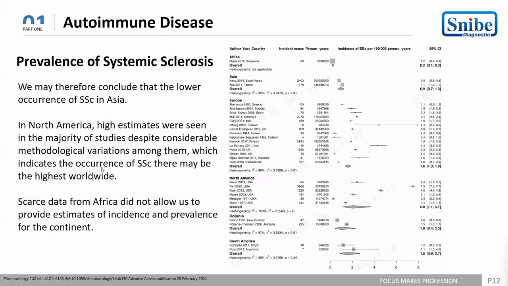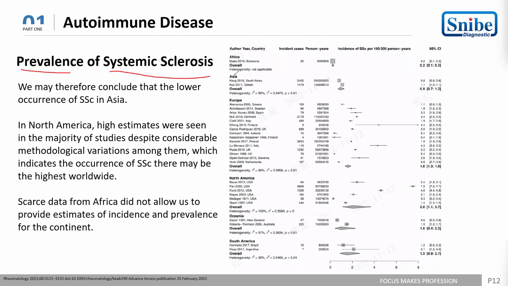If we talk more about the prevalence of systemic sclerosis, we may have a different conclusion about the lower occurrence of systemic sclerosis in Asia. In North America, high estimates were seen in the majority of studies, considering the methodological variation among them, which indicates that the occurrence of SSc there may be the highest worldwide.